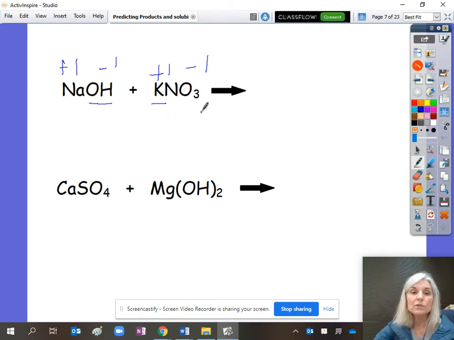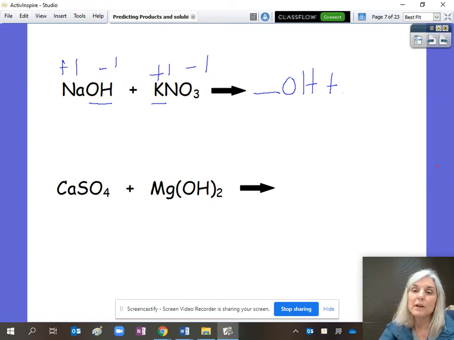So what we're going to do to set this up, I'm going to draw a line because I'm going to put a new positive there, and then put my OH, plus another line with my negative.